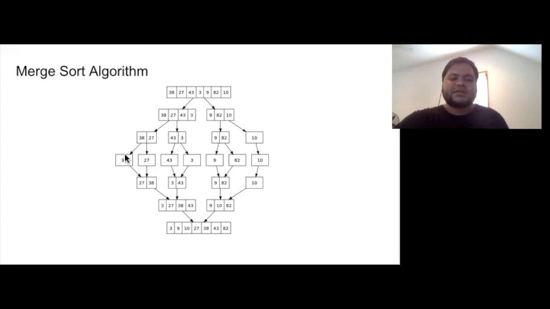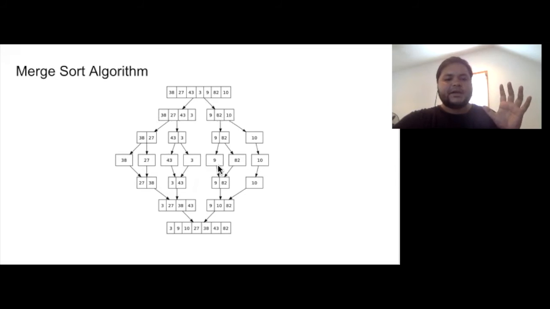So if we merge the solutions, we will look for which one is smallest. 27. In our merged array, we will store it as 27 and 38. Same here, among 43 and 3, 3 is smaller. So the combined array will be 3 and 43.